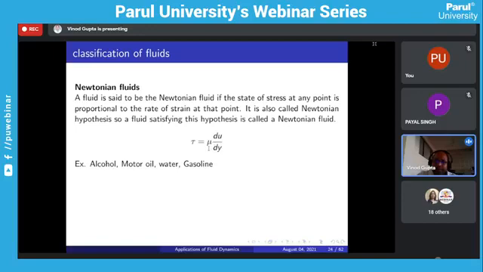So if we find tau over du over dy, that is mu, and mu is constant, that is called the viscosity of the fluid. If the fluid obeys this rule, then we will say the fluid is Newtonian.